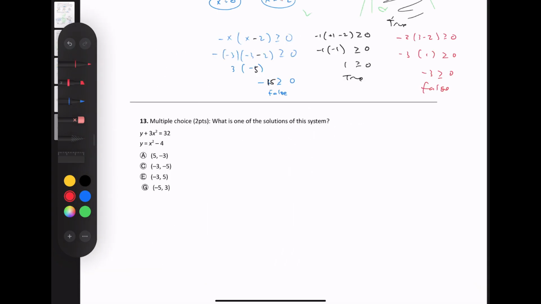Number 13, let me just set these equal to y. So y plus 3x squared equals 32. Y equals negative 3x squared plus 32. Y is equal to x squared minus 4, so you don't need that. So x squared minus 4 equals negative 3x squared plus 32. You can move them to either side, but I'd rather have a positive a value.